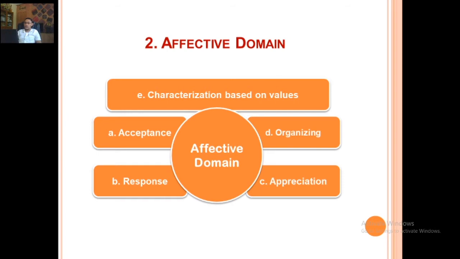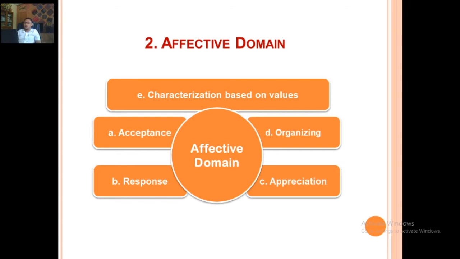Acceptance is the sensitivity of learners in receiving stimuli from outside. Acceptance can also be interpreted as the willingness to pay attention to an activity.